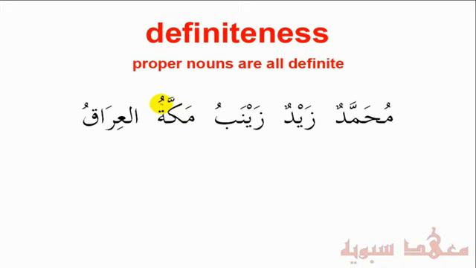And it only takes one dhamma. Now the point is with feminine proper nouns, they don't accept tanween. With rare exceptions. So there are exceptions to these rules, and we're just learning the basic rule. And all the exceptions will be taught later on as you progress in your studies, inshallah.